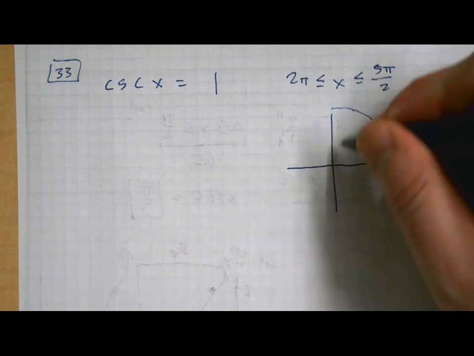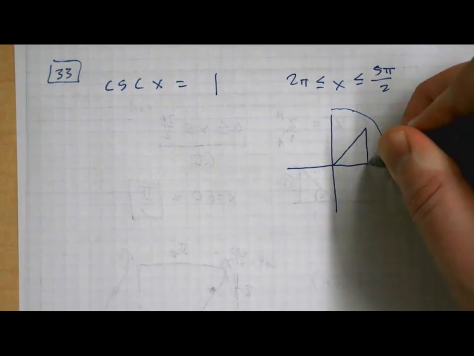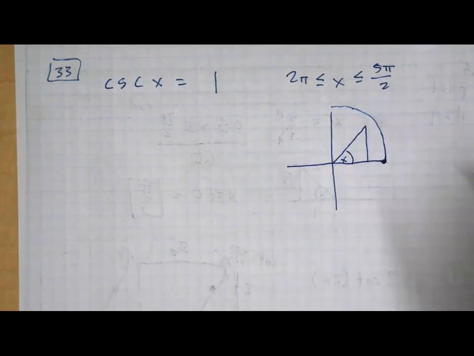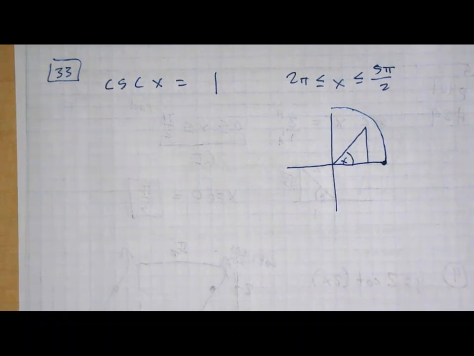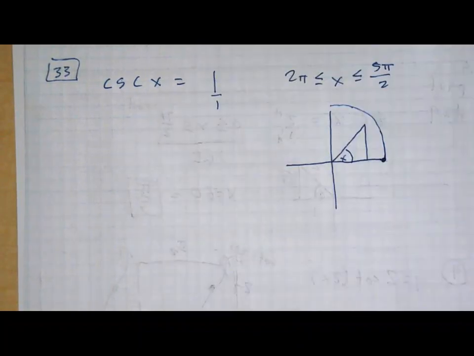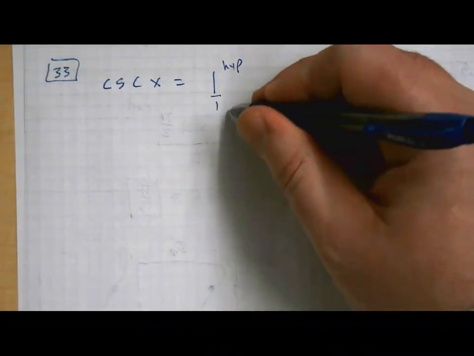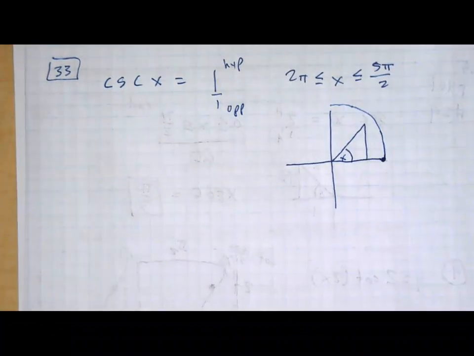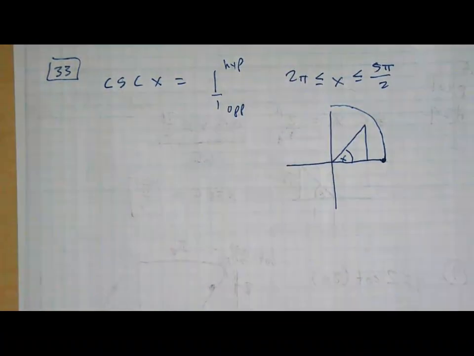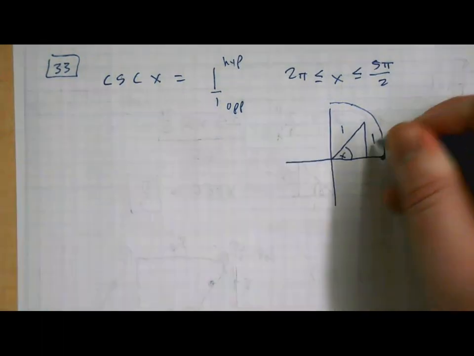So let's build ourselves a reference triangle. Our reference angle is going to be x. Cosecant is hypotenuse over opposite, thinking about sine. We want our hypotenuse and our opposite to be 1, which is not possible if this is a triangle.